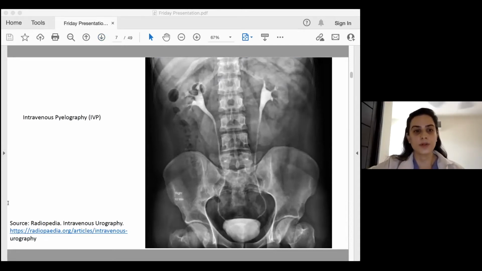In doing so, we are able to visualize different aspects of the kidneys. Usually within less than 2 minutes of having injected this non-ionic or water-soluble contrast material, we can visualize the calyces. Here we can observe the minor calyces, the major calyces, the renal pelvis, and the ureters as the draining is occurring.